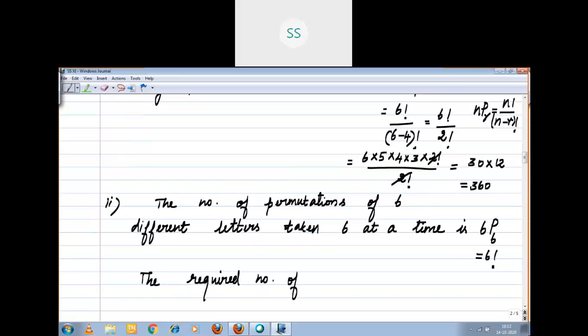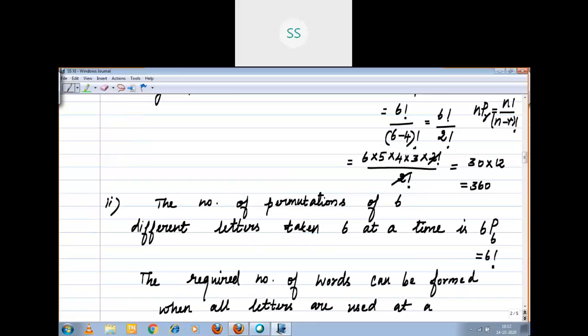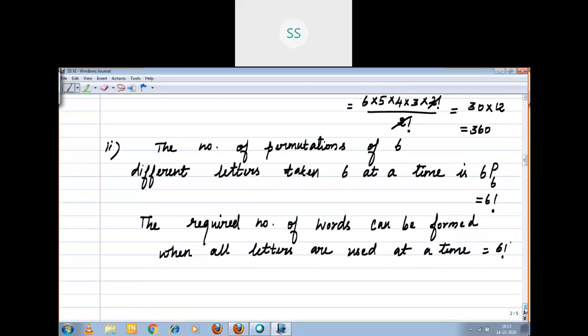The required number of words that can be formed when all letters are used at a time is equal to 6 factorial.